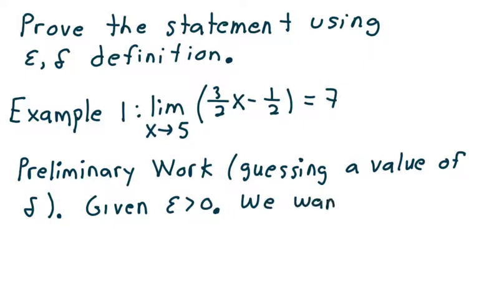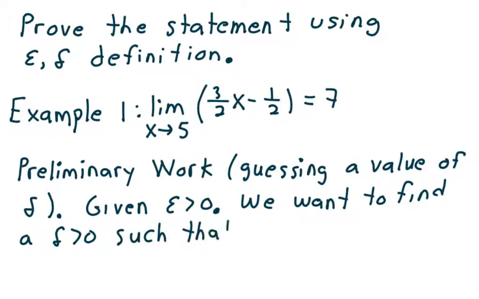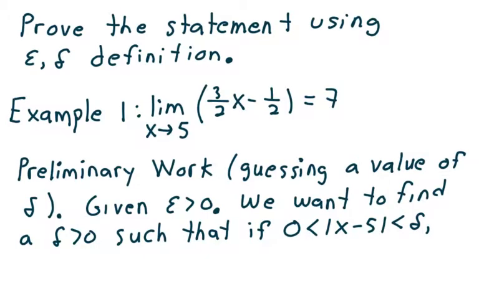We want to find a delta positive such that if 0 is less than the absolute value of x minus 5, which is less than delta, then the absolute value of 3 halves x minus 1/2 minus 7 is less than epsilon.